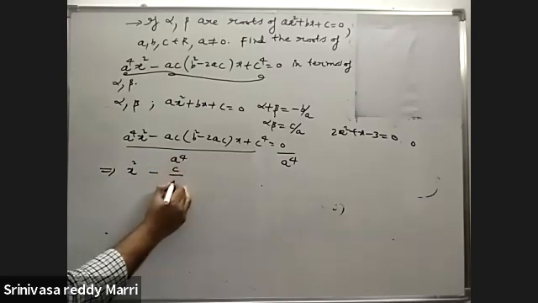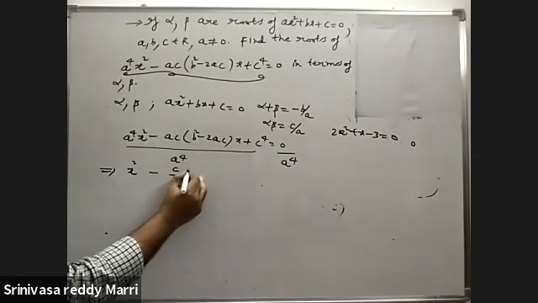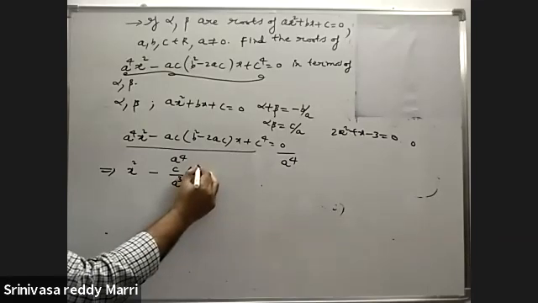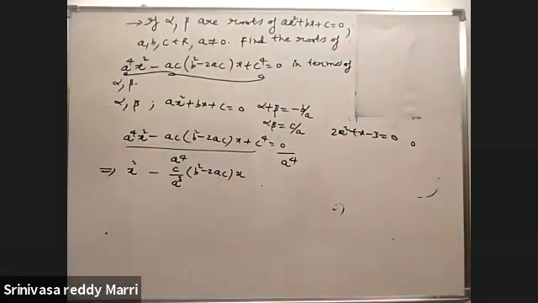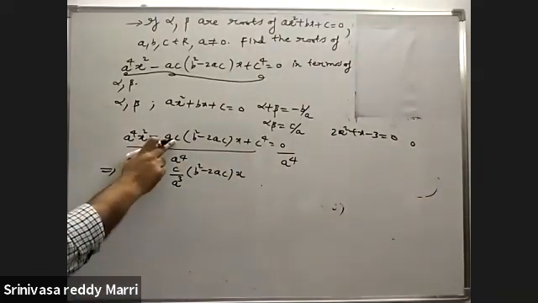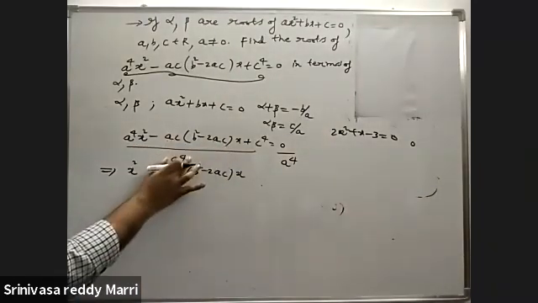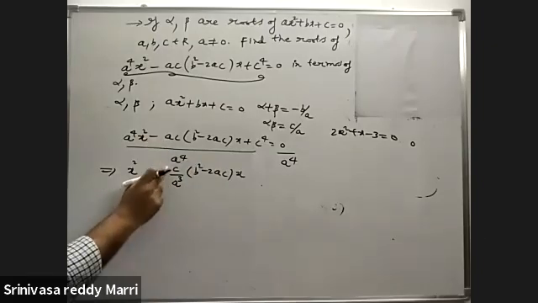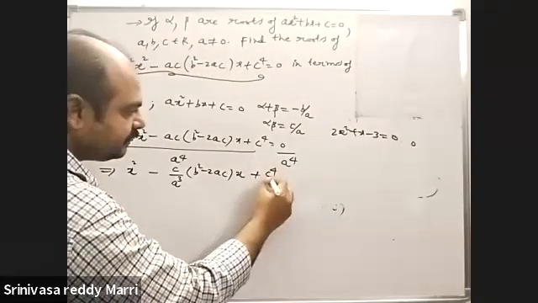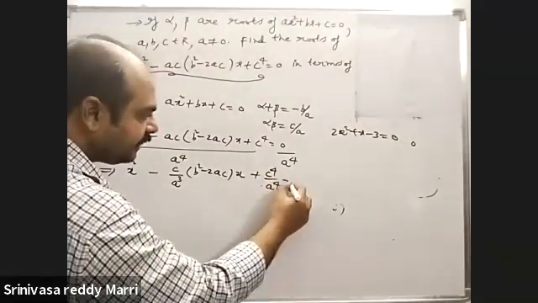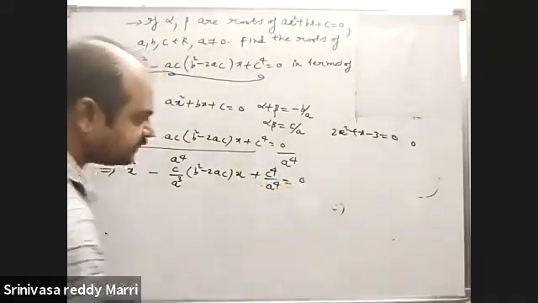A will get cancelled. C by a cube into x, right? So AC, this completely divided by a power 4. That means this you will get a cube plus c power 4 divided by a power 4 equal to 0. 0 by anything is what? 0.